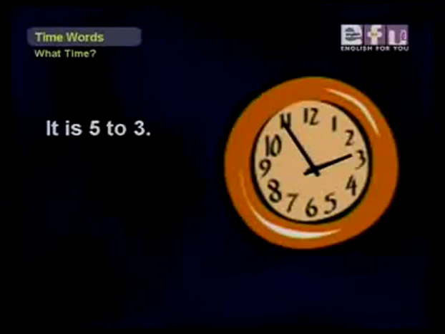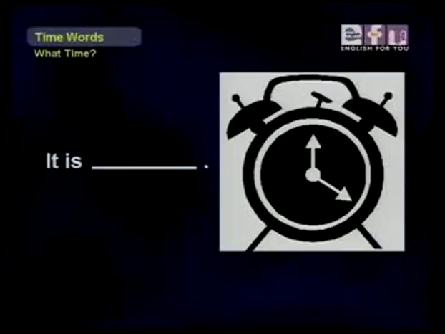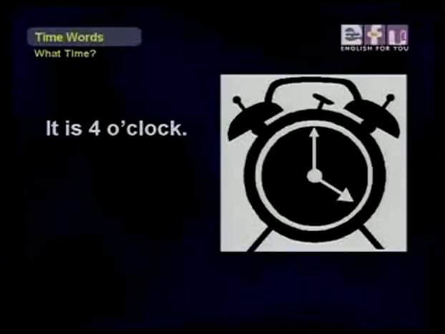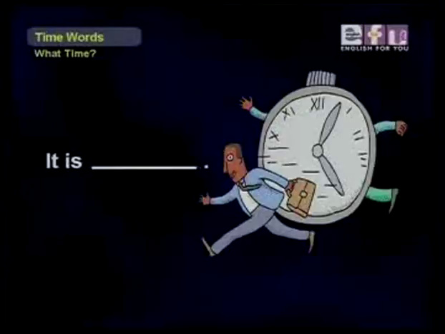Now, Lisa, you do it. It is 5 to 3. Okay. It is 2:55. Yes. Now, Isabel, for you. It is 4 o'clock. Yes, that's good. Great. Now, Lisa, for you.